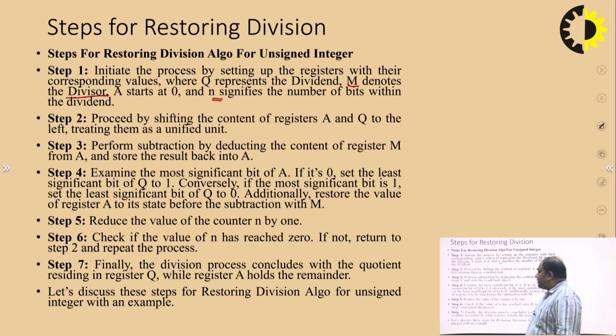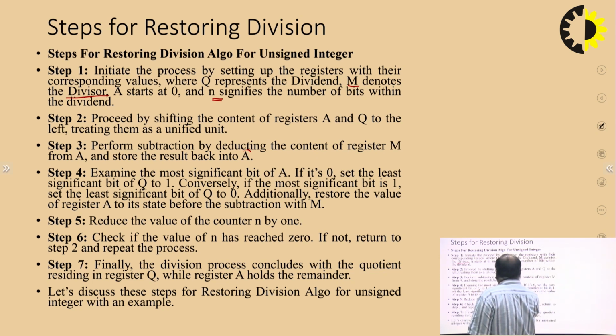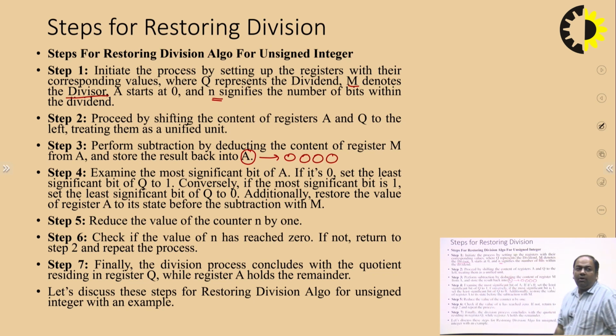In step 3, we perform a subtraction by deducting the content of register M from A and store the result back into A. What is A? A is the accumulator whose initial value is 0, 0, 0, 0. It depends on the number of bits: the bits in A will be decided by how many bits the divisor and dividend have when converted into binary.